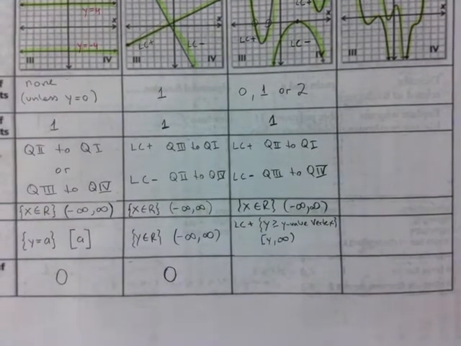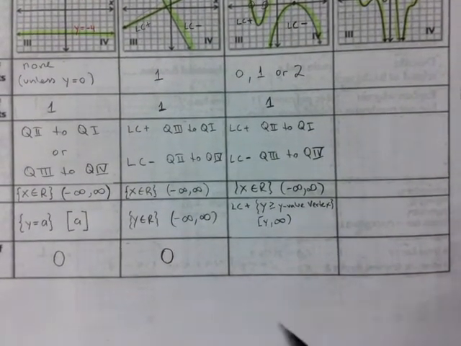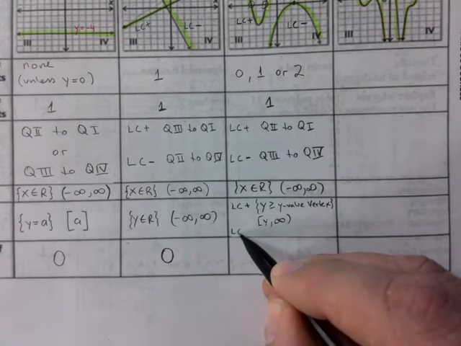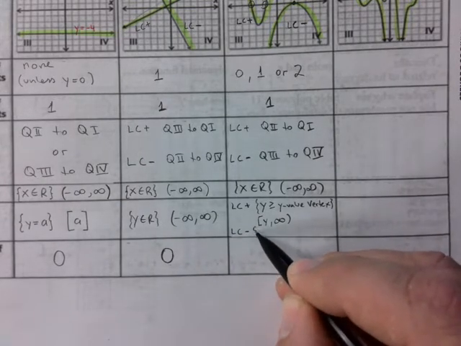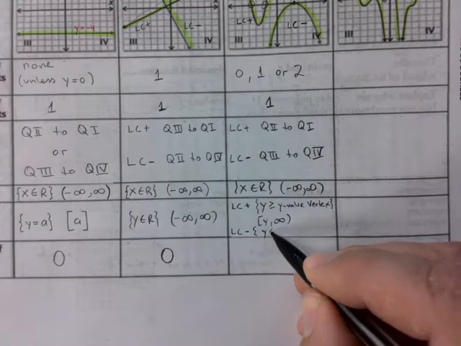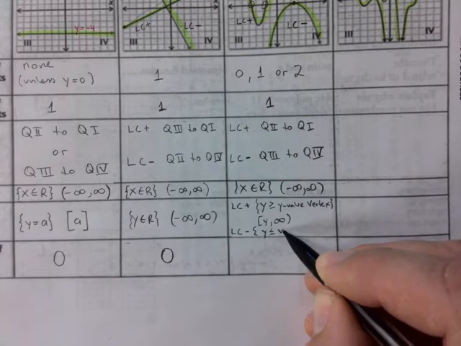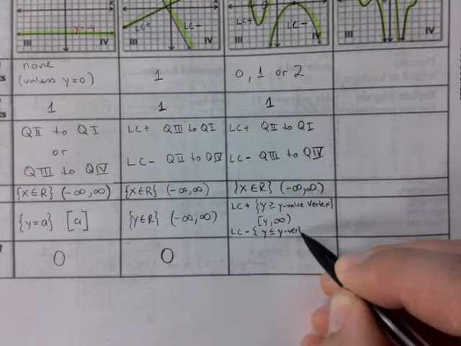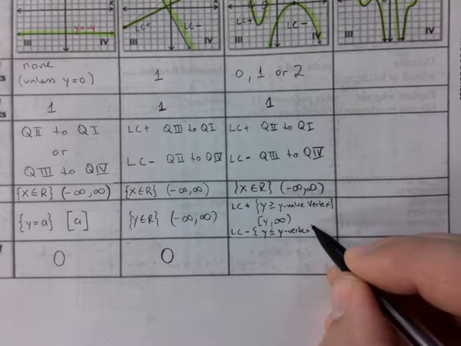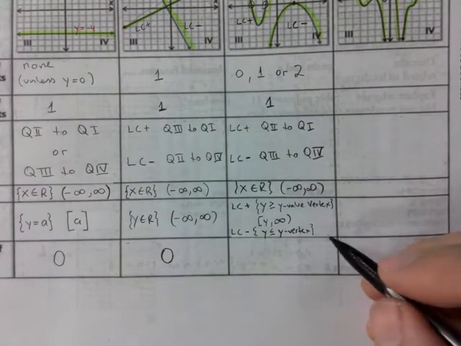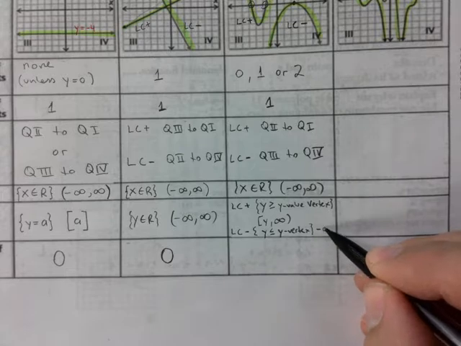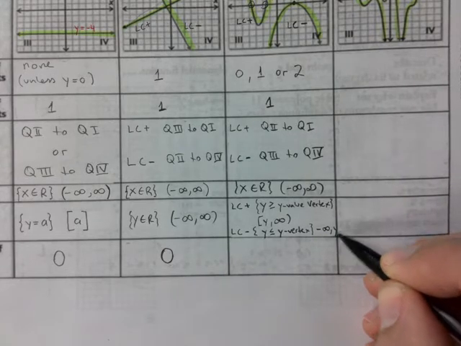Yikes! It's gonna be cramped. I see it already. But if the LC is negative, it's y less than y of vertex. How am I going to do this? Negative infinity to y, like this.